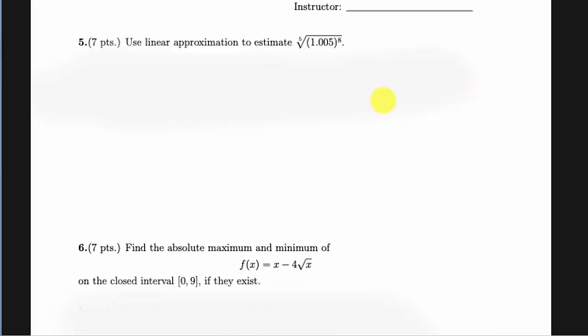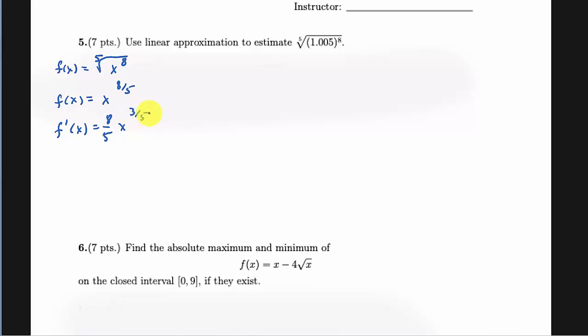All right, so we have our function f of x is equal to the, not the square root, the fifth root of x to the 8th. So f of x is equal to x to the 8/5. So we need the derivative. So we've got f prime of x is equal to 8/5 x to the 3/5.